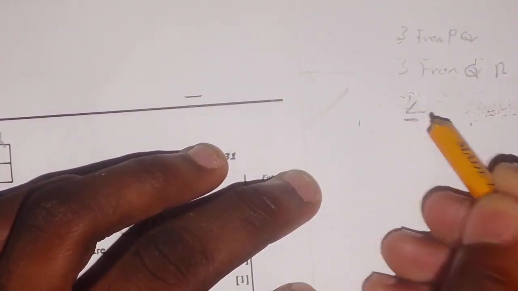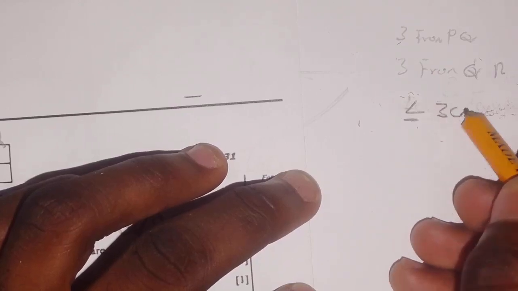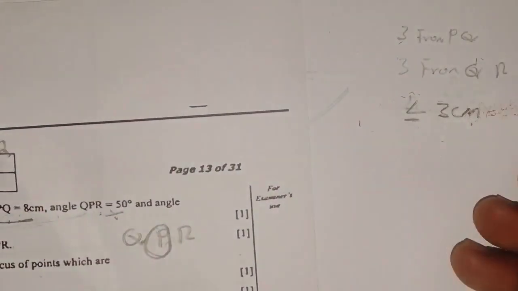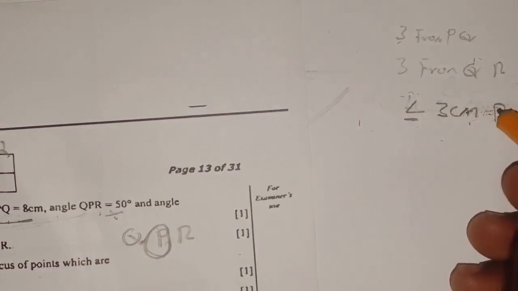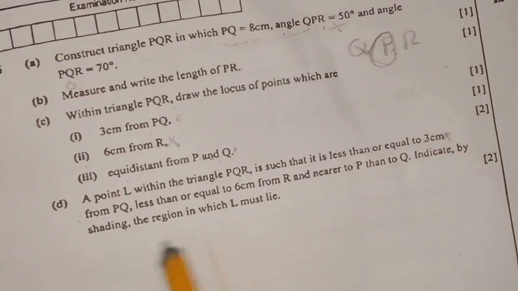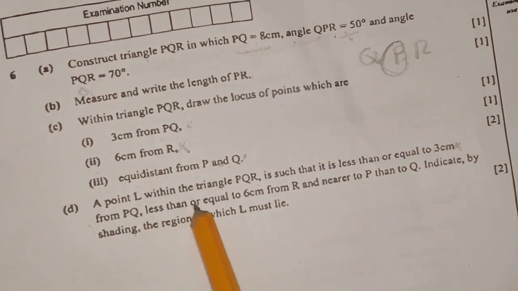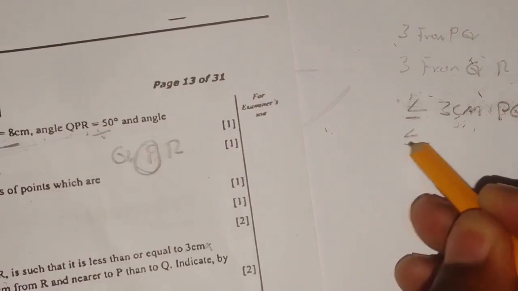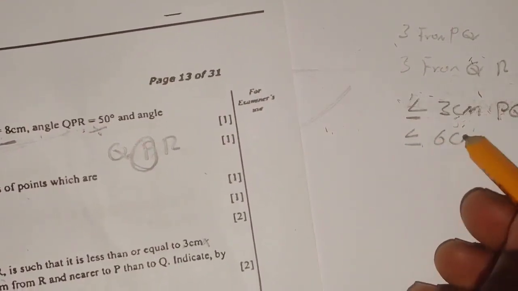Less than or equal to 3 centimeters from PQ. We have taken note of this. And less than or equal to 6 centimeters from R. We can also put this, less than or equal to 6 centimeters from R.